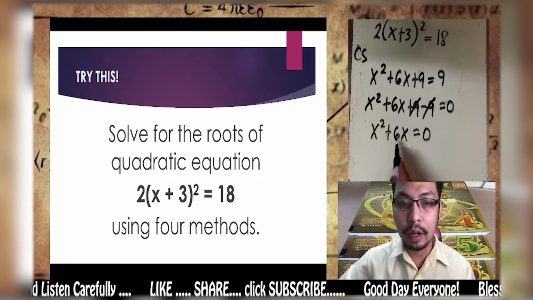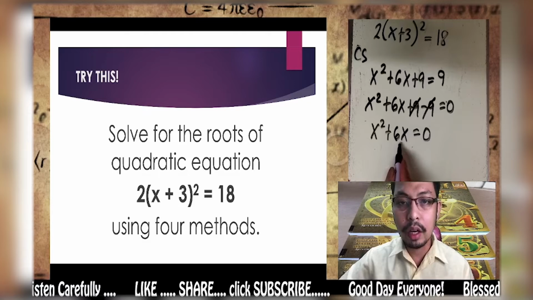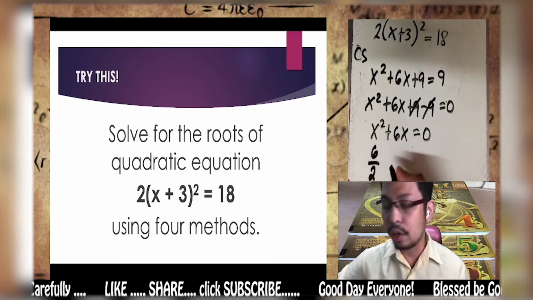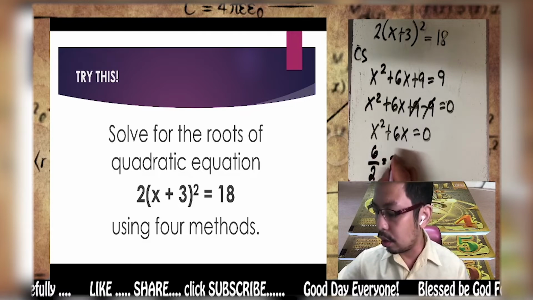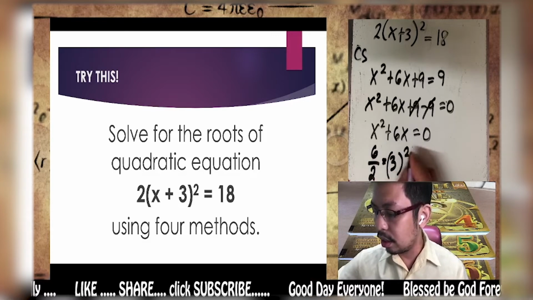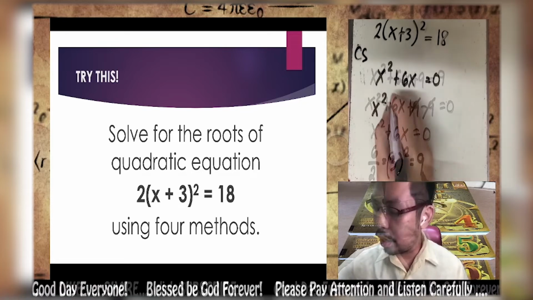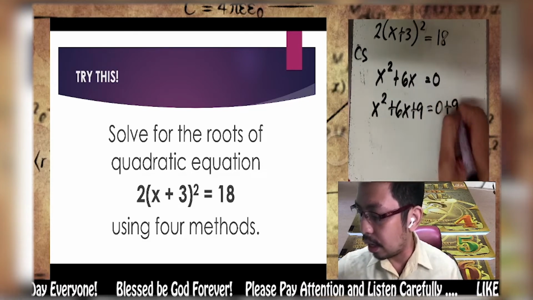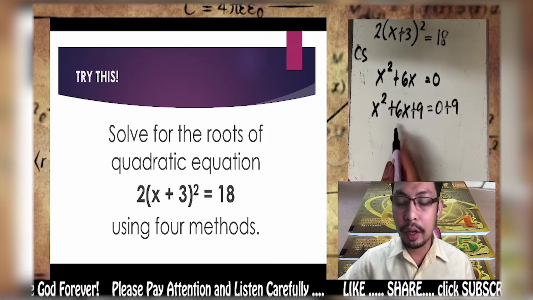Then make it a perfect square trinomial by getting the numerical coefficient of x. We have 6 over 2, or 6 divided by 2 is equal to 3, and then 3 squared is 9. x squared plus 6x plus 9 is equal to 0 plus 9. So this is a perfect square trinomial.